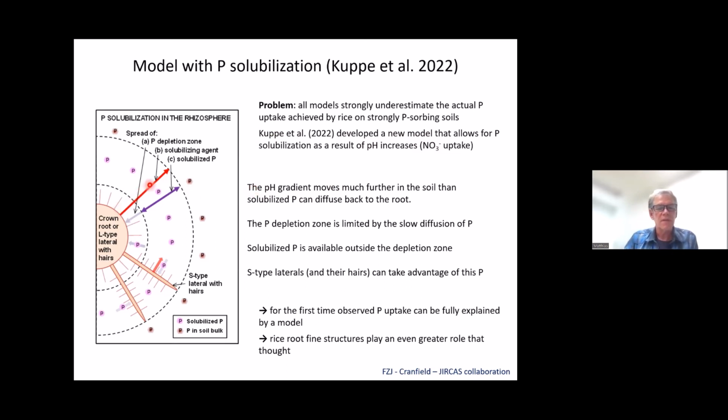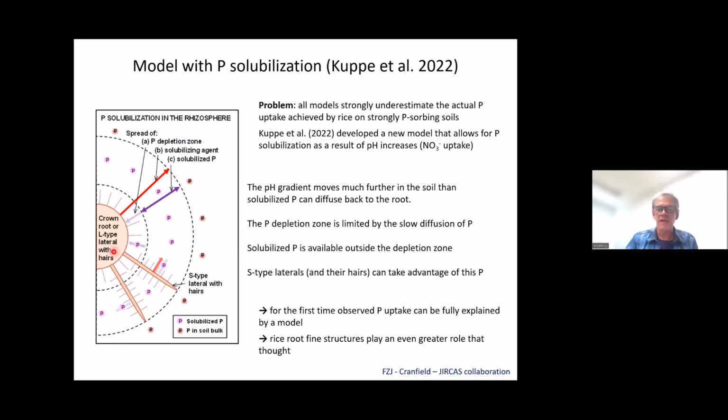So we have the pH gradient extending, but the diffusion of P back to the root where the pH gradient originated is really limited. And so we have a P depletion zone here, but a zone where P is solubilized that is much larger, but that the plant, the original root, cannot access.